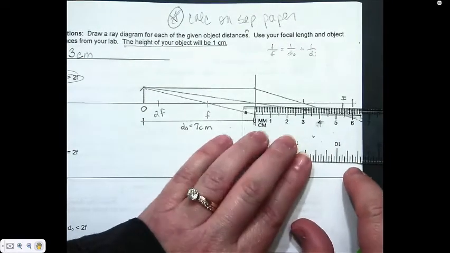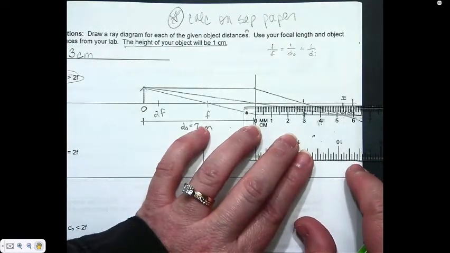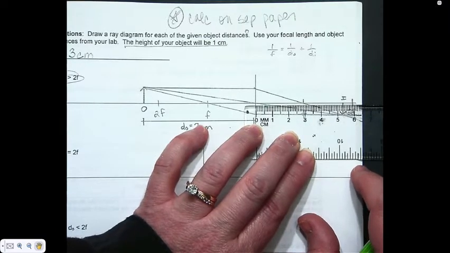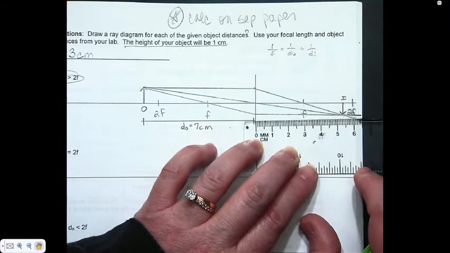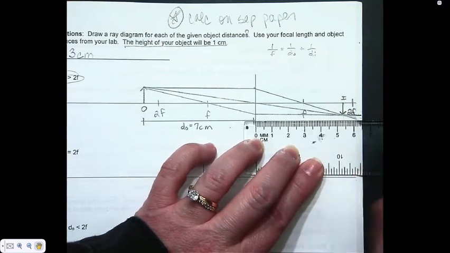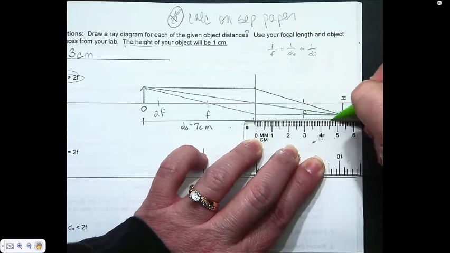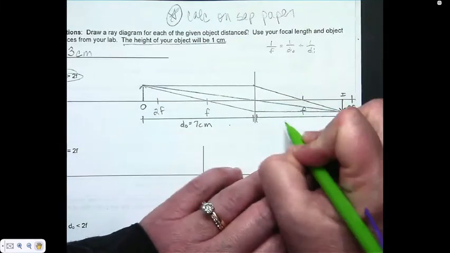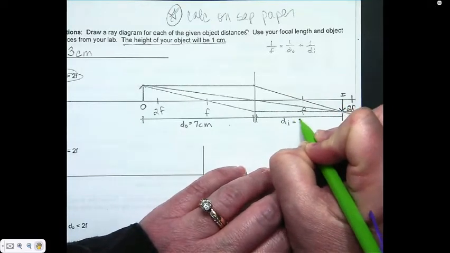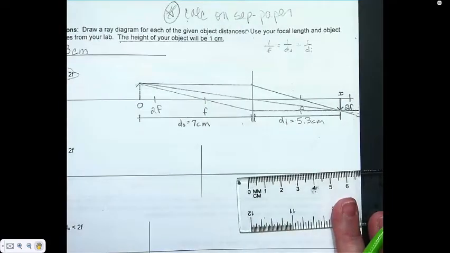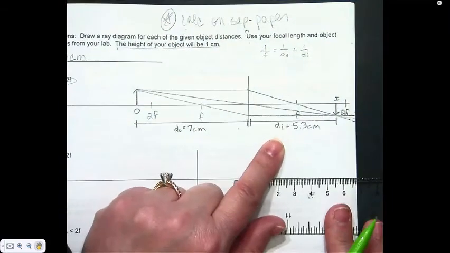And then my image seems to have ended up at 5.3 centimeters from the lens. So I'm also going to label my image distance from the lens to the image. That is image distance, di, 5.3 centimeters. So this is my experimental value.